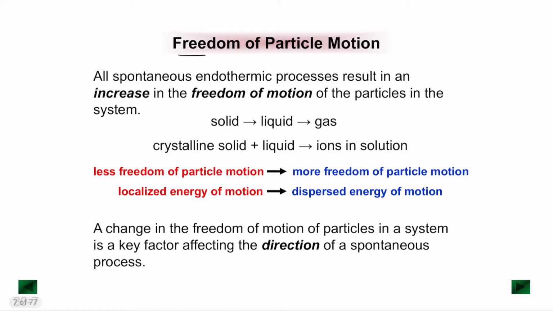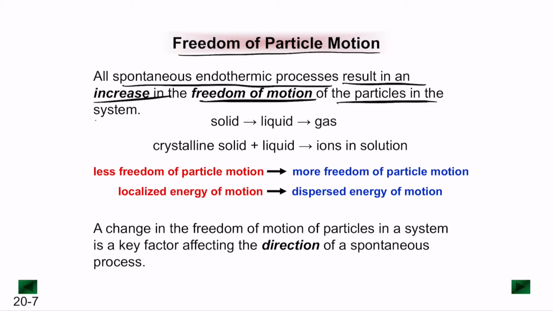Next, let's talk about freedom of particle motion. All spontaneous endothermic processes result in an increase in the freedom of motion of the particles of the system. For example, we have a solid, and we increase the freedom of the particles by converting it to a liquid, and again by converting it into a gas. Again, when you have a crystalline solid plus liquid, it becomes ions in solution.